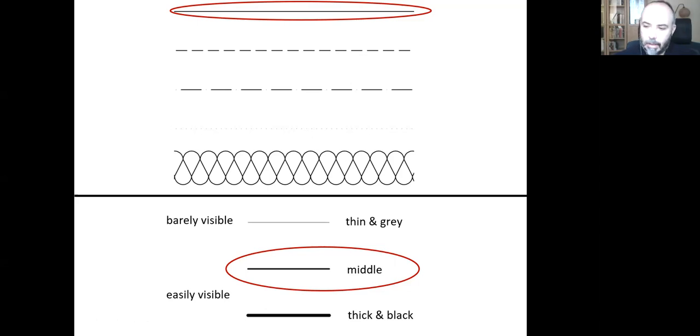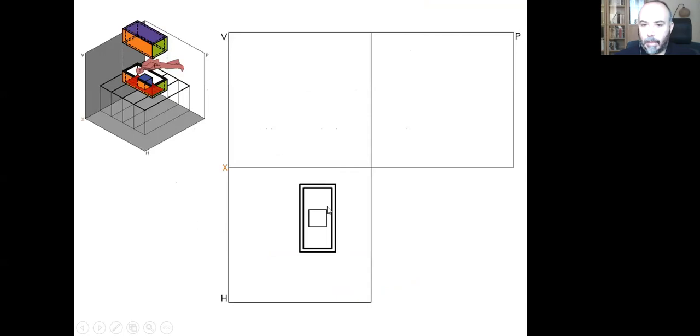Instead, we are seeing its upper surface. We need to use this middle thickness, middle darkness line type to create the edges, the frame, the outer edges of this top surface of the blue box. And after that, we can move on.